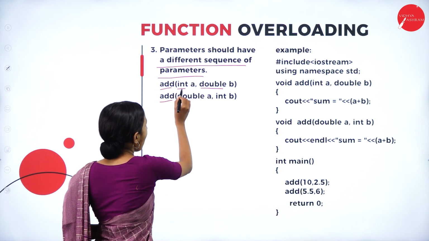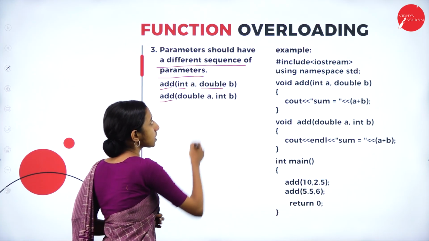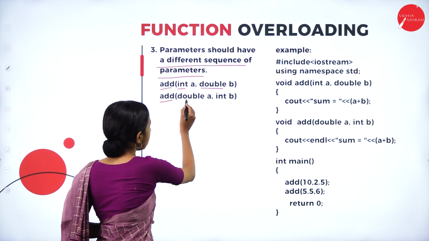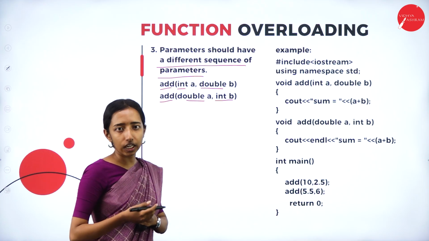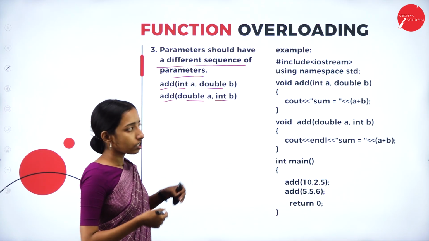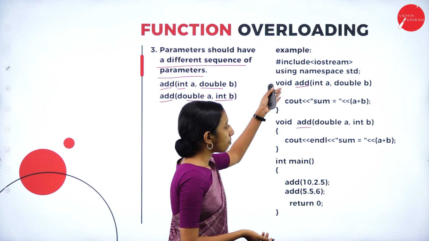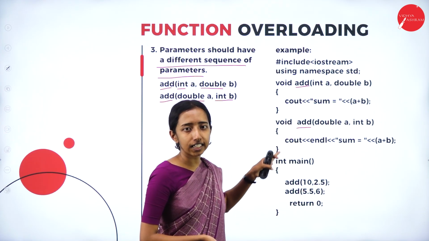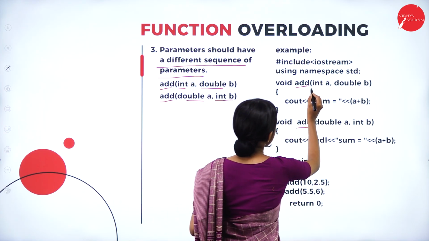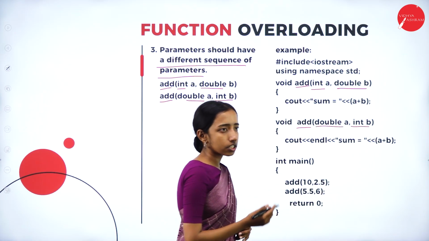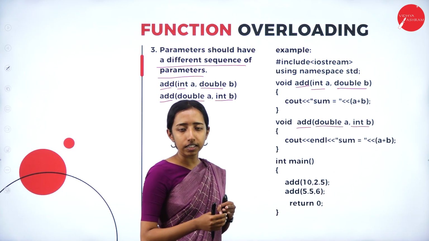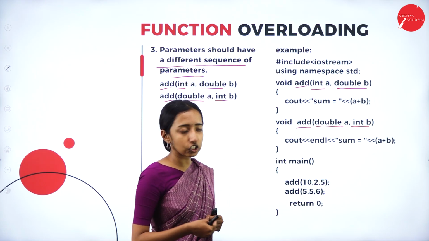Here you can see I have taken int A, double B, and here double A, int B, meaning the sequence is changed in both. Both functions have add as the name and the parameters int A, double B and double A, int B.